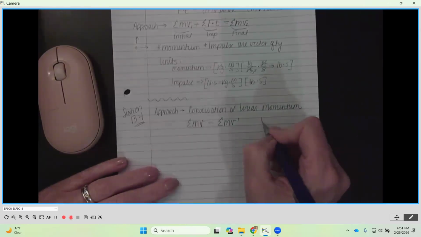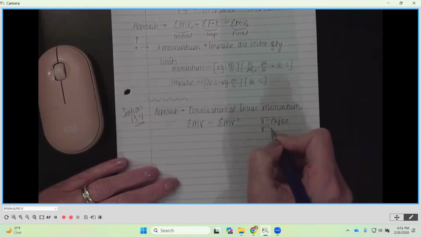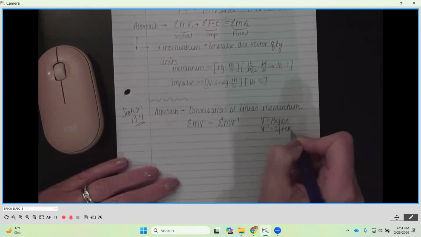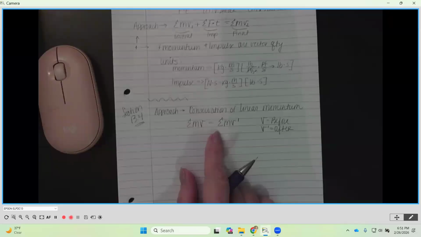Okay. So just v is going to be our before, and v prime is going to be our after. And that's before the collision, after the collision. Okay. And we sum the momentums because when we have more than one body that's going to collide, there's going to be more than one momentum that we have to add on either side.